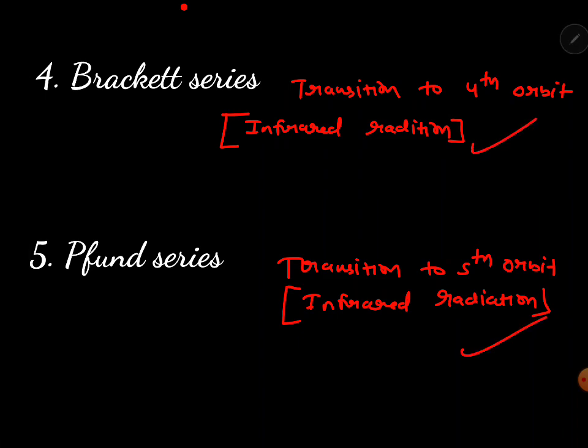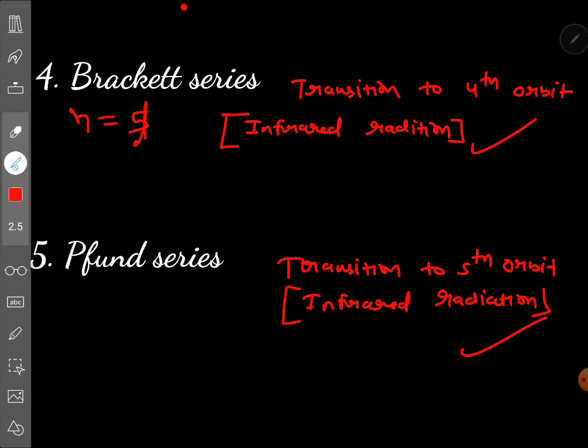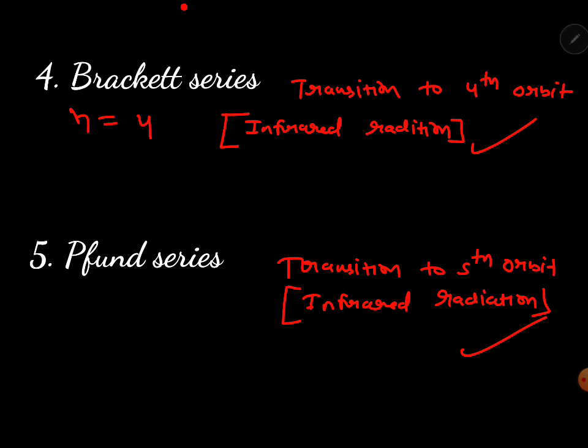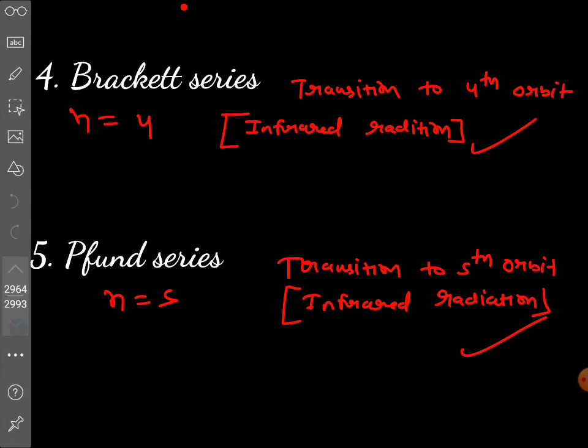Whenever the electron makes a transition from any higher orbit to the fourth orbit, the radiation is called the Brackett series. Similarly, if the electron makes a transition from any higher orbit to the fifth orbit, the infrared radiation is called the Pfund series. So these are the conditions.